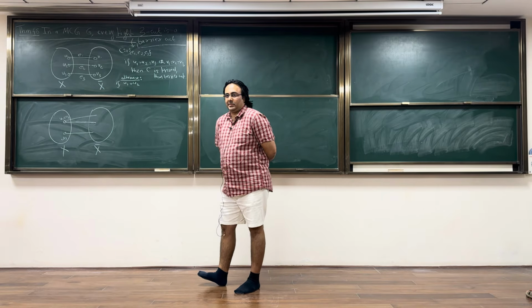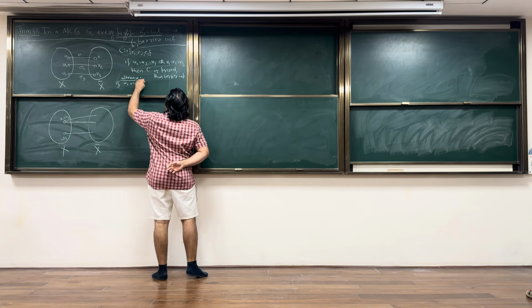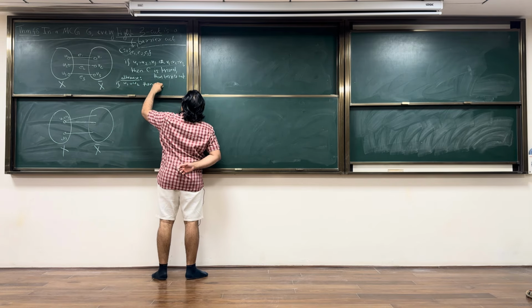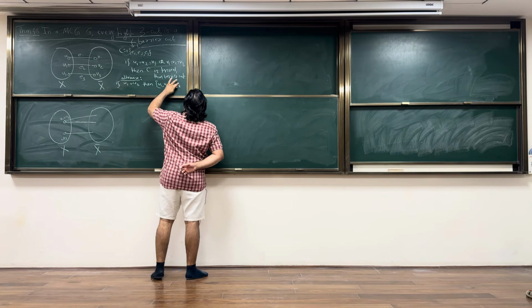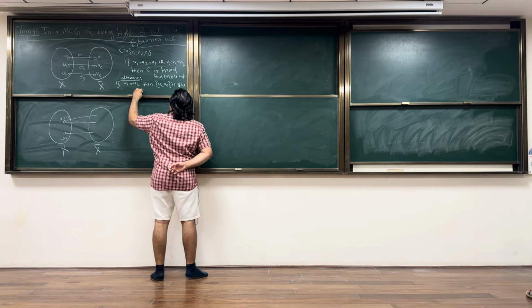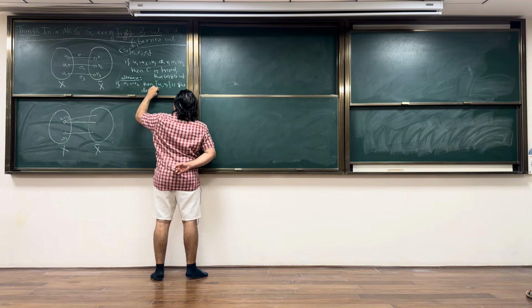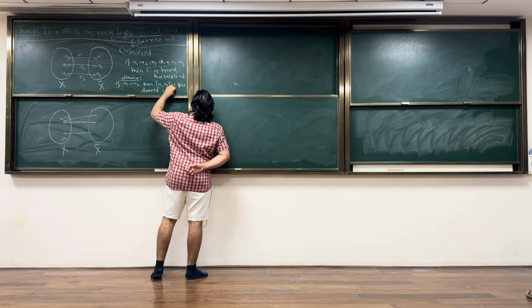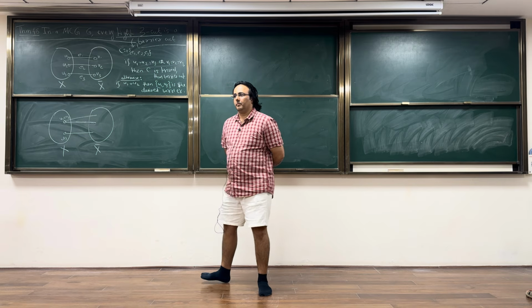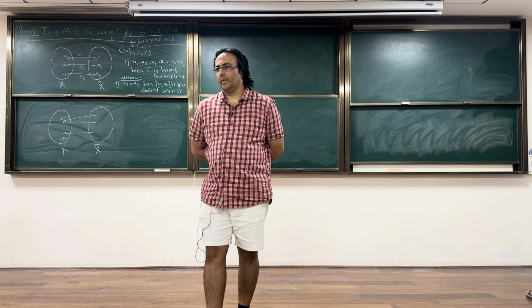If U1 is equal to U2, I'm still done. Then U1, U3 is the desired barrier. We are done. Yeah? Okay.